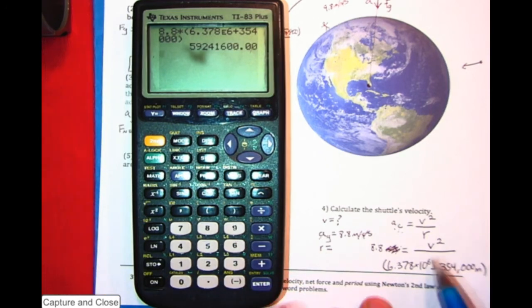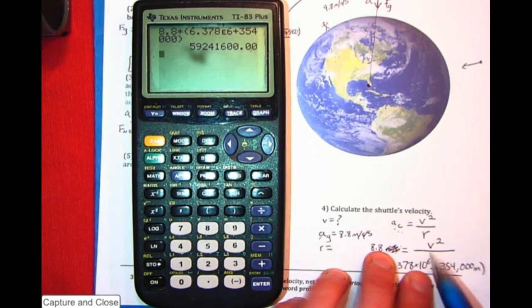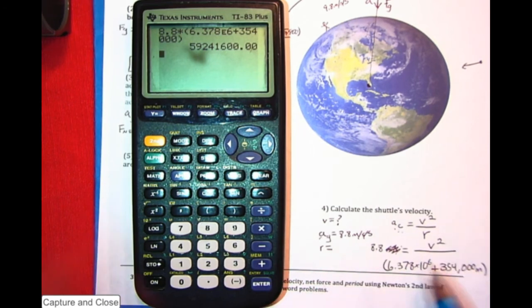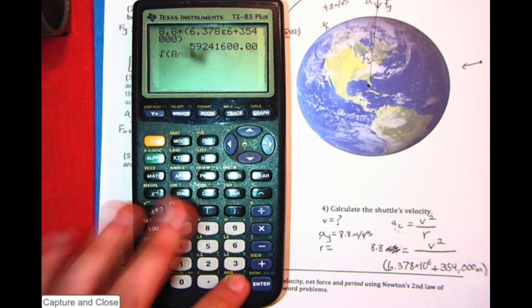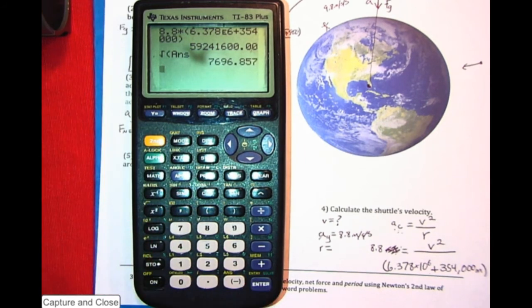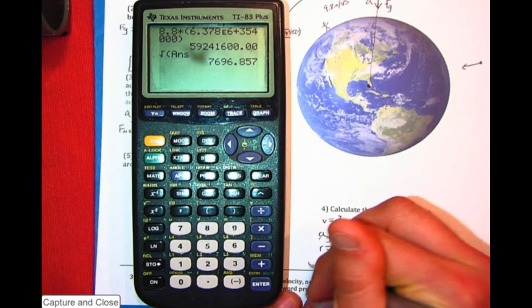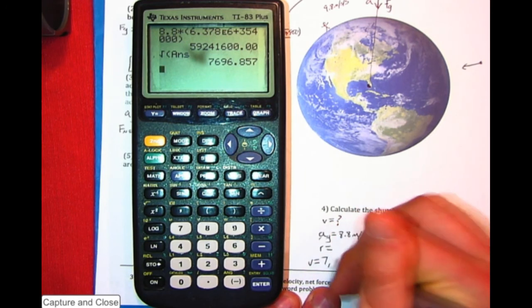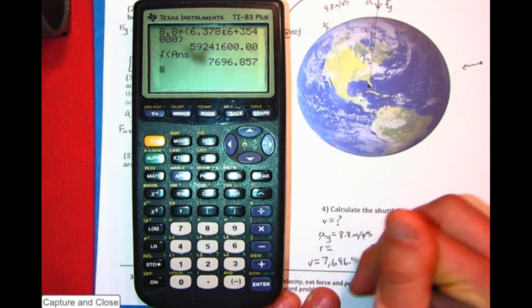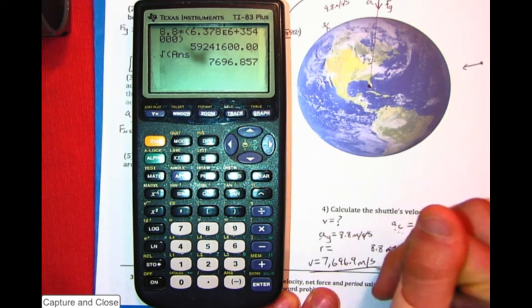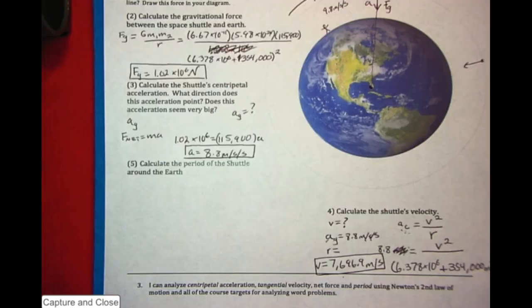But keep in mind, all we found when we multiplied these quantities is velocity squared. So we need to square root this value, and we're going to get our velocity to equal 7,696.9 meters per second.